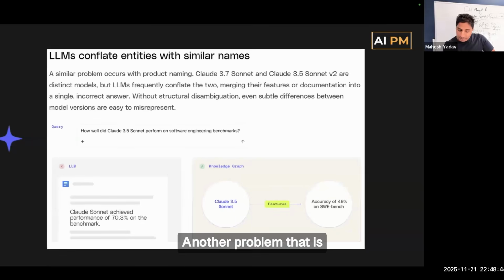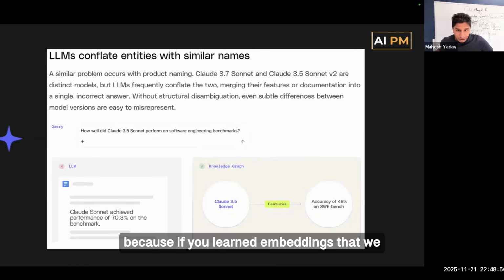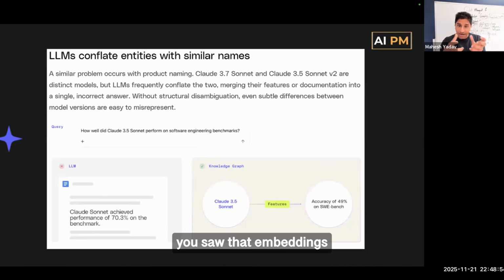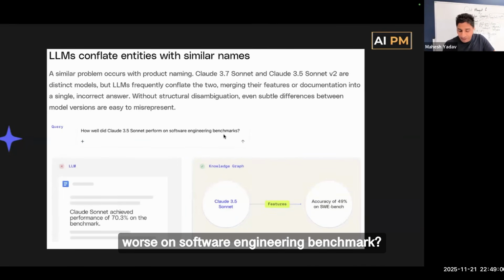Another problem is similar names. If you learned embeddings in the last session, you saw that embeddings are created with similarity, how words appear closer to other words. So they asked this question: how well did Claude 3 Sonnet perform on the software engineering benchmark?